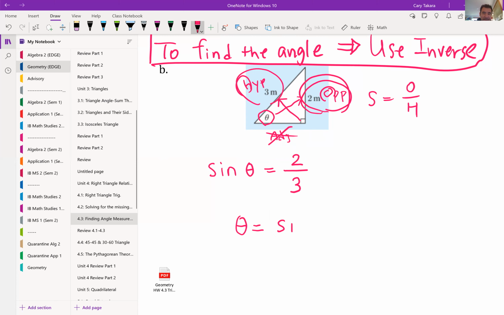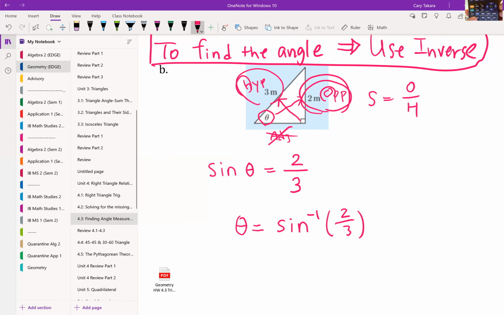That reverse in math is called inverse. Inverse sine of 2 divided by 3. And that will give you the answer, okay? So to get the inverse sine, I don't know if you can see, just right above the sine button, you see the sine negative first power?